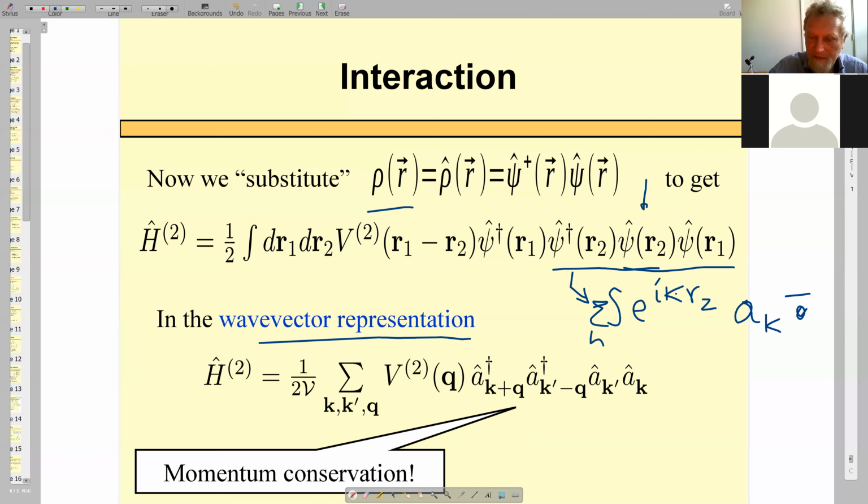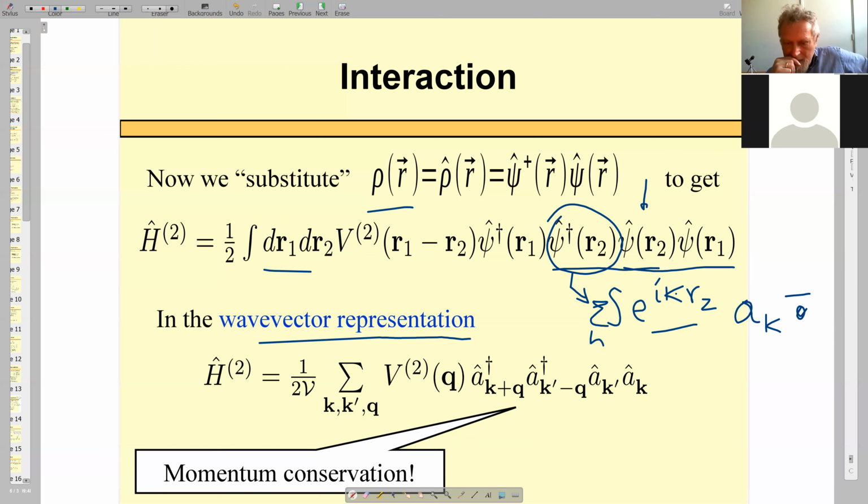Okay, this is the replacement for this particular operator. I have to do it with all of them. I have to take care of all these exponents which arise in this expression, and integrate these exponents over coordinates. So what I got eventually is a logical thing. I got conservation of momentum.